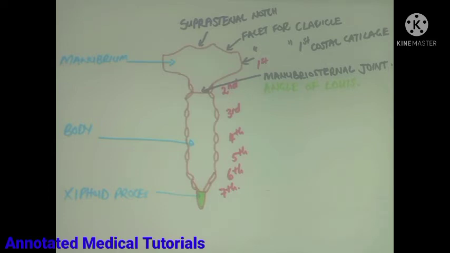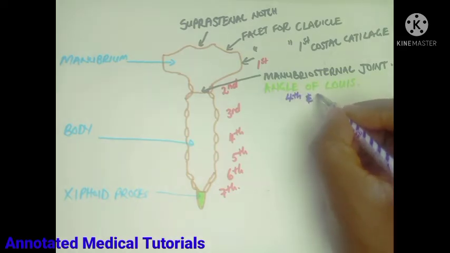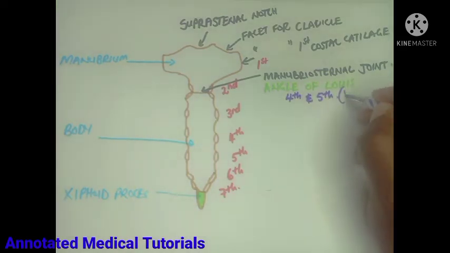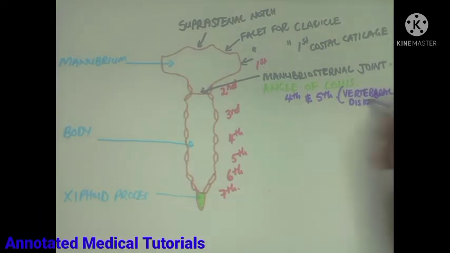This manubriosternal joint, or the angle of Louis, is located in between the body of the fourth and the fifth thoracic vertebra. So to be specific, it is at the level of the intervertebral disc of the fourth and the fifth thoracic vertebra.